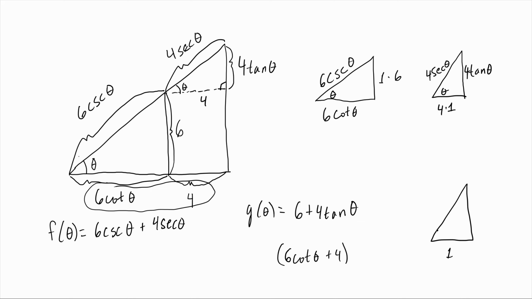where you have 1, this is theta, this is tangent theta, this is secant theta, but instead of a 1, you have this, so you just multiply all the side lengths by 6 cotangent theta plus 4. So in particular, this side length, the opposite, will be tangent theta times this. Now what happens when you multiply tangent theta into here?